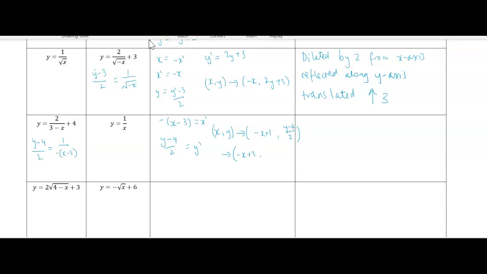Take out that 1 over 2 as a common factor, because we'll just have the y. And then what do we have? Is it minus 2? Can't think.